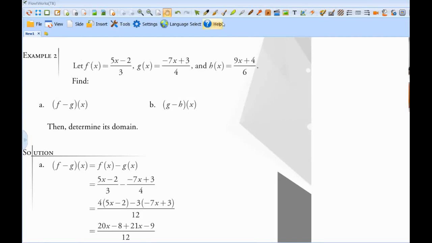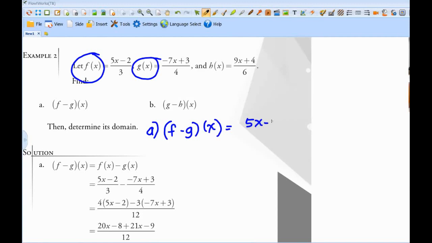Simple, just subtract f(x) by g(x). Letter A, (f minus g)(x) is equal to the value of f, which is (5x minus 2) over 3, minus the g, which is (negative 7x plus 3) over 4.